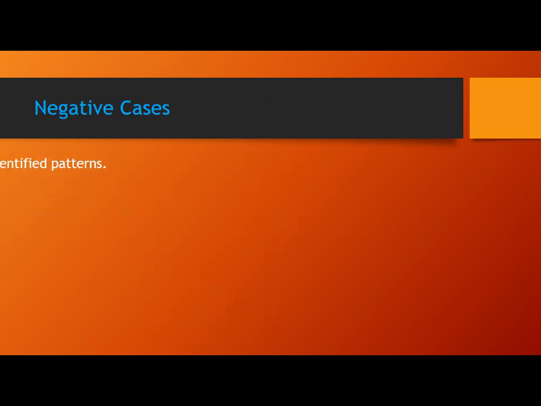Okay, negative cases. Well, let's talk about those. Negative cases are exceptions to cases that illustrate the identified patterns, specifically ones you found. You may find in your data that a certain group of people does things very commonly the same way.